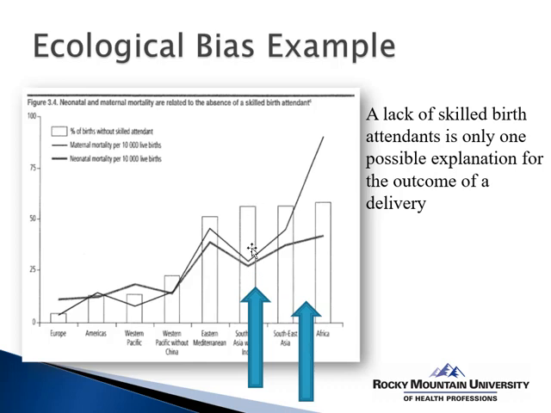In this location here, you have a lower death rate, even though you have a very high percentage of births without skilled attendants. If we look at Southeast Asia and Africa, it skyrockets up. So even though Africa is similar to Southeast Asia without India in the percentage of births without a skilled attendant, Africa is way higher compared to here. So what would be the reason why this is so much higher?